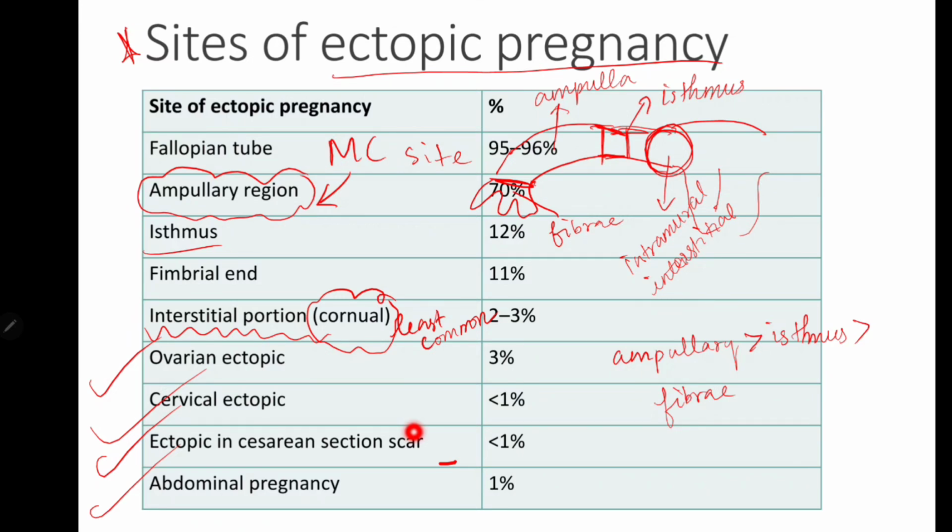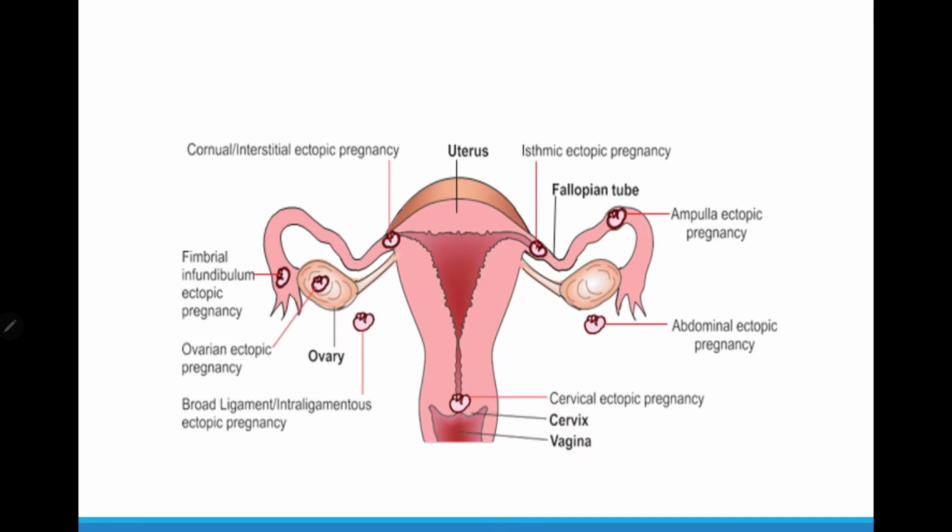After fimbrial end is going to be your interstitial portion. After the fallopian tube, you are going to have your ovarian ectopic, cervical ectopic, ectopic in cesarean section, and abdominal pregnancy. So these are the 1, 2, 3, 4 and 5. All these 5 sites of ectopic pregnancy are very important.